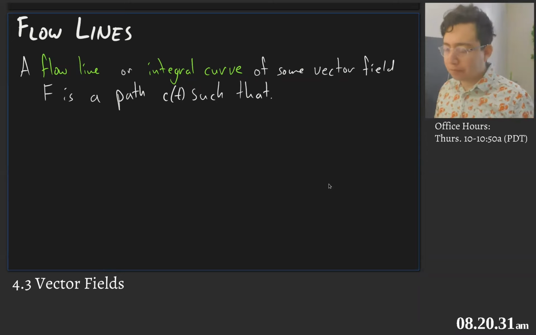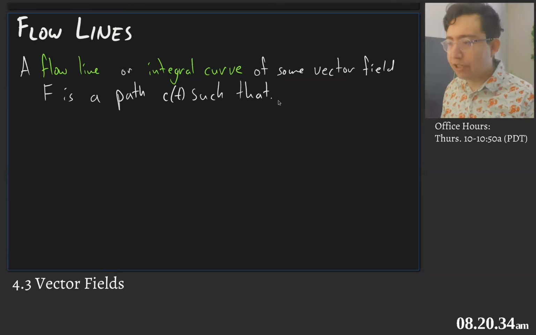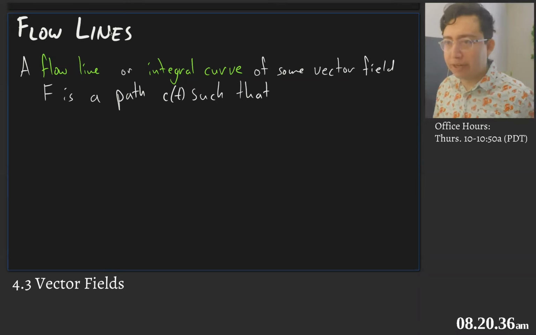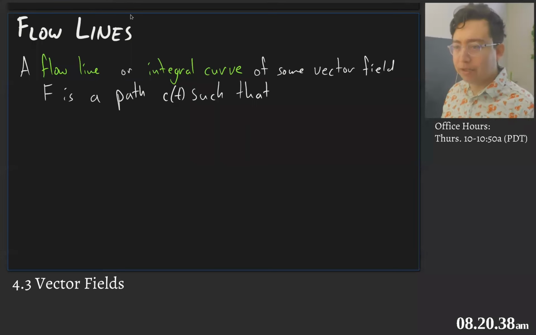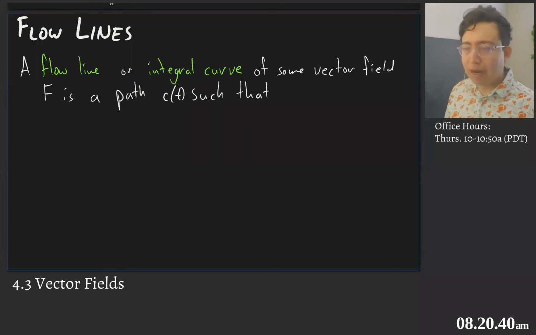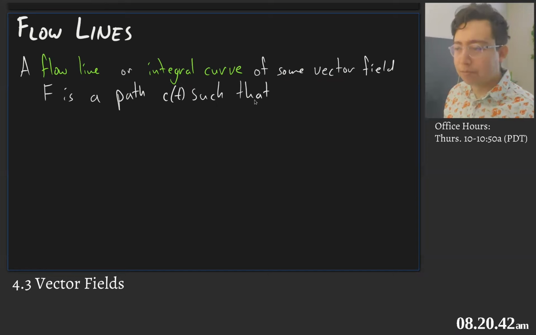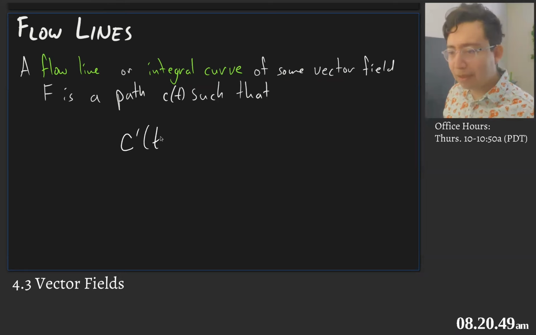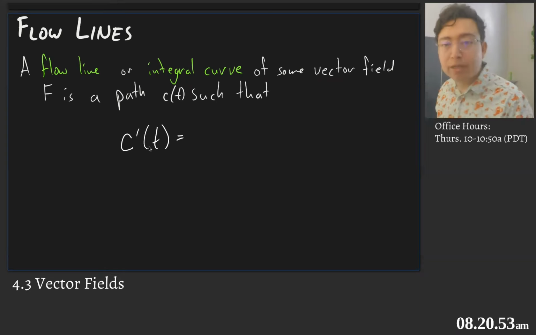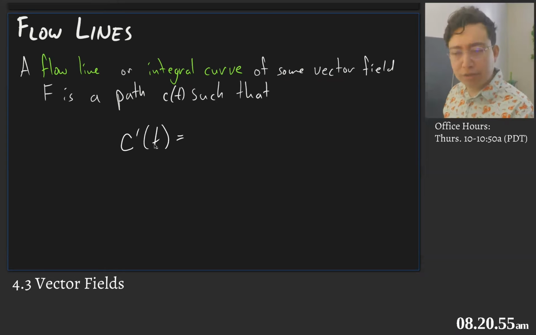Okay. So I'll fill in the definition here. The definition here is, and this will hopefully evoke why we call it a vector field or an integral curve, that basically the derivative of this path should be equal to, remember, if we have a path, the derivative is a vector, right?